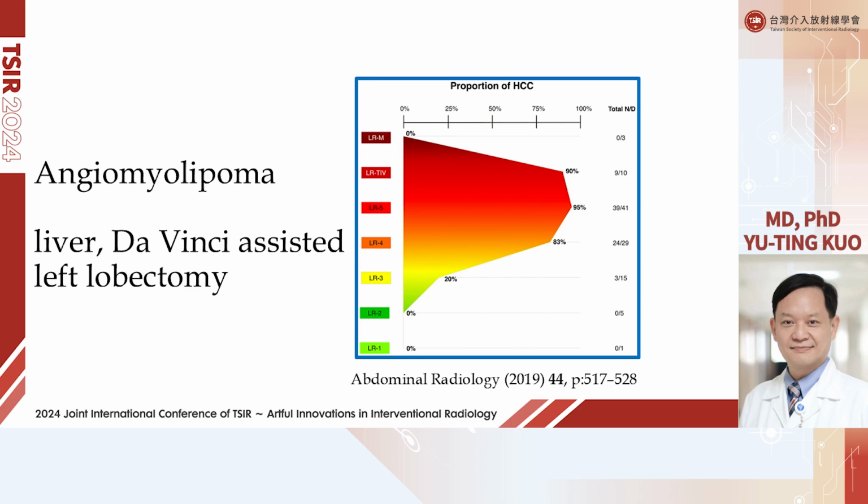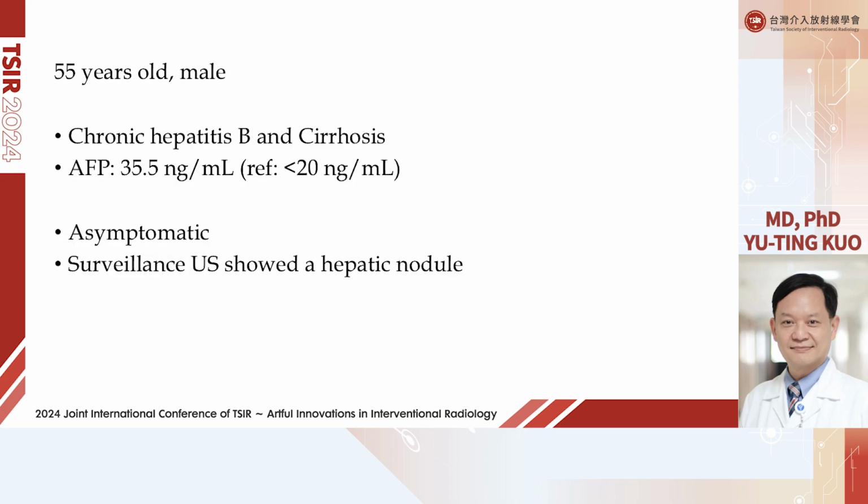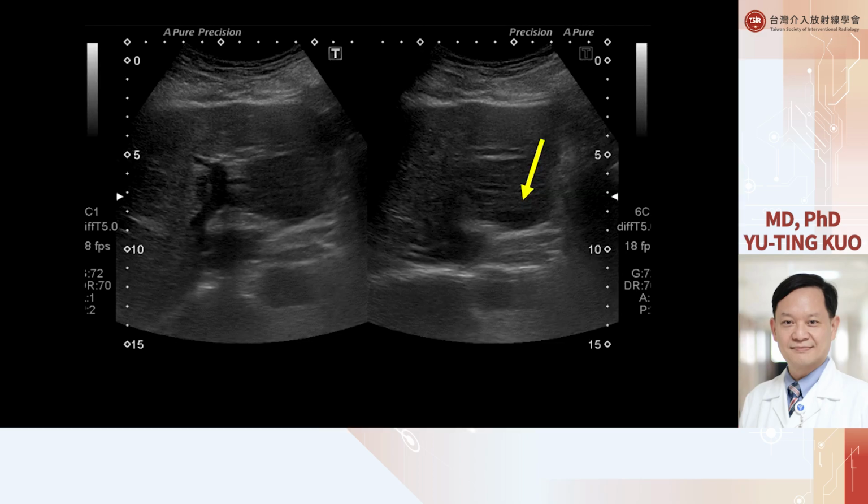It still has about 5% that is not HCC, and even benign tumor, such as in this particular patient. Another patient is a 55-year-old male with hepatitis B and increased alpha-fetoprotein, asymptomatic, but ultrasound showed a hypoechoic lesion, also in the lateral segment.